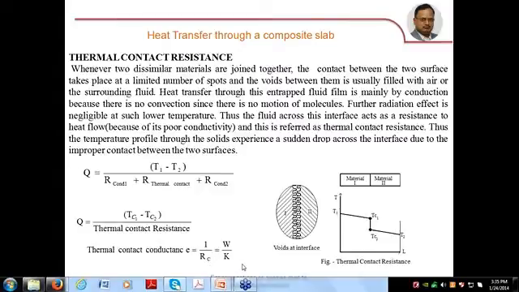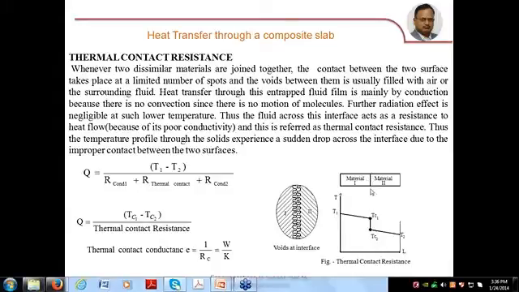So we can say that when two dissimilar materials are joined together, at the joint there is a possibility for entrapped gases, and these gases being poor conductors when compared to the solid materials, it offers more resistance for heat transfer.